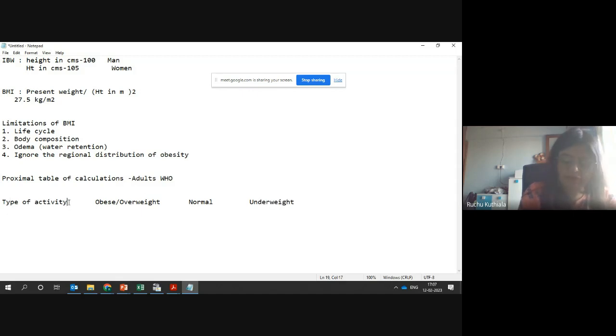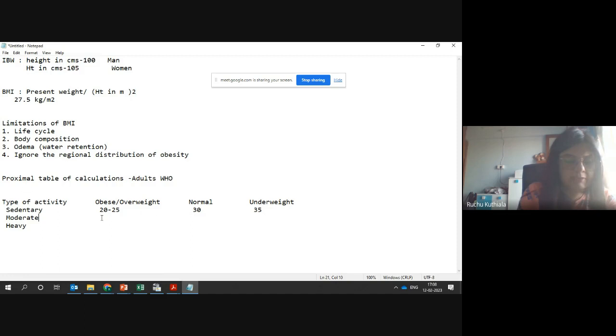Under the type of activity, it would be sedentary, moderate, heavy. And under obese, this would be 20 to 25, 30, 35.